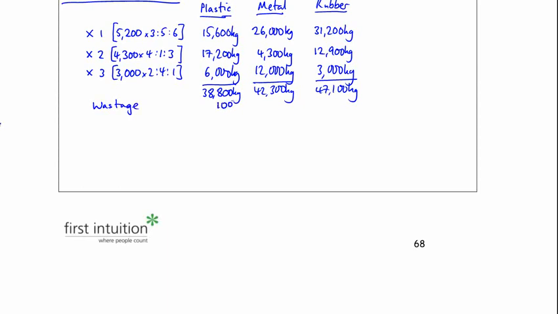That's plastic, 100 kilograms. Total that lot up, and that lot will give us our material usage. Okay, so it's 38,900 kilograms of plastic we need to use, 42,300 kilograms of metal and 47,100 kilograms of rubber. So that's how we do what we call the material usage budget.